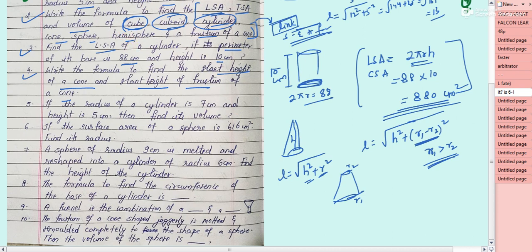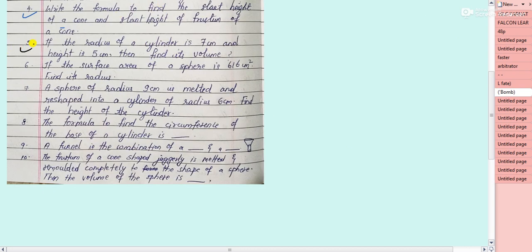Moving to the next question now. Question number 5 is, if the radius of a cylinder is 7 centimeter and height is 5 centimeter, find its volume. So again, this is a cylinder. The volume formula is pi r square h. Correct? They have given radius as 7.